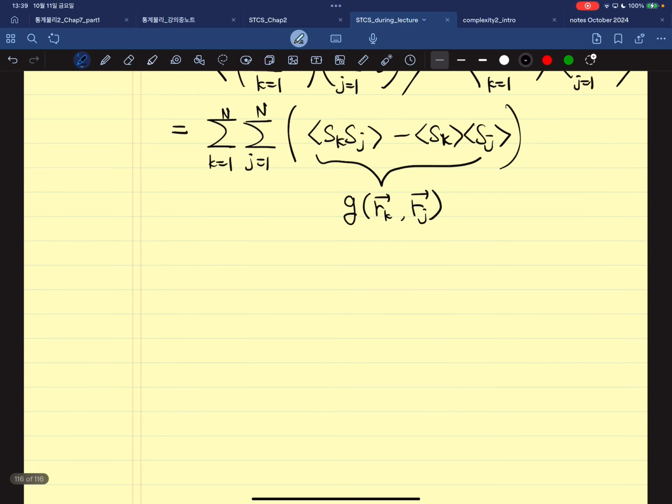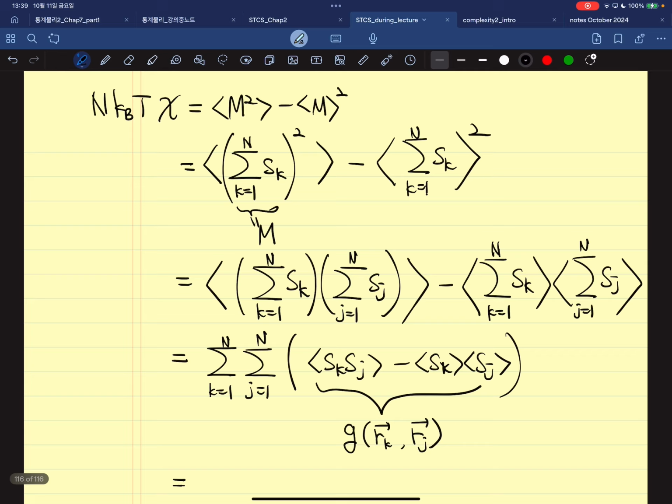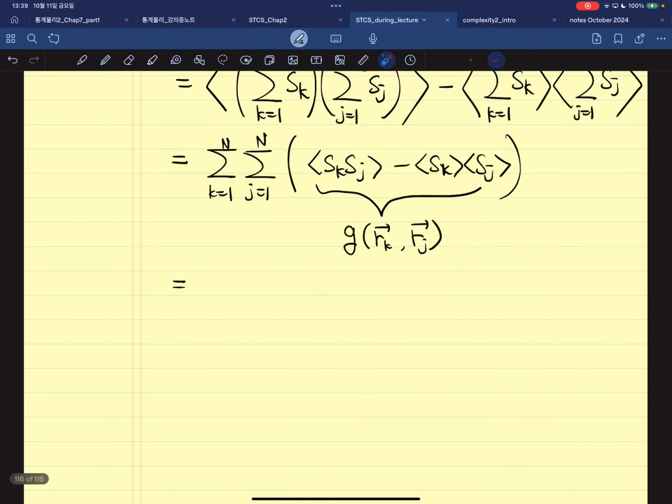So basically, this N k_B T times the susceptibility chi is the same as the sum over the correlation function for every possible spin pair.